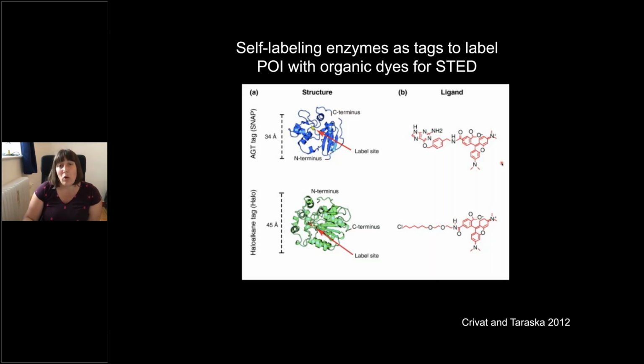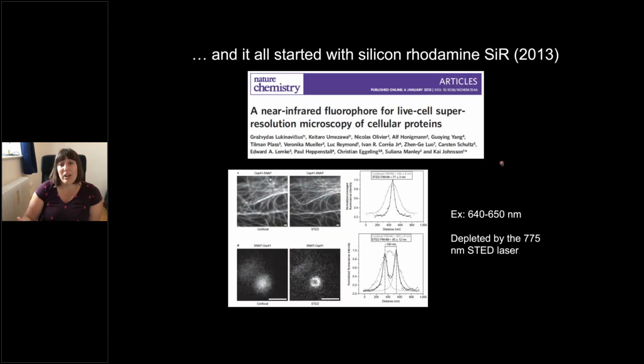And talking about dyes, what I really think was a major milestone for live-cell STED was the development of silicon rhodamine back in 2013. So SiR was really the first cell permeable dye, so it can permeate cellular membranes and label intracellular targets.